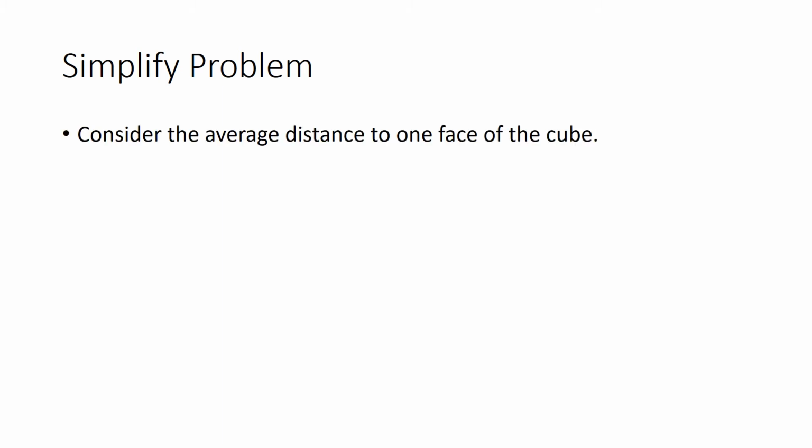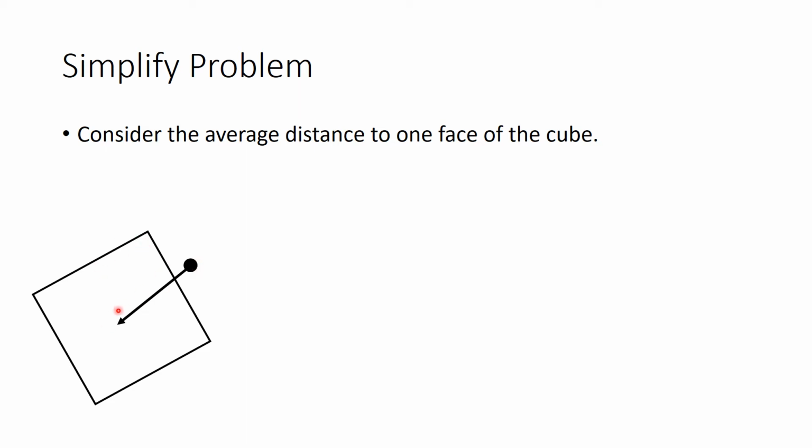The first thing I'm going to do is simplify the problem a bunch. I'm just going to consider the average distance to one face of the cube. Since the arrow will always point to a face of the cube, it won't ever point to an edge or anything, because that has a probability density of 0.